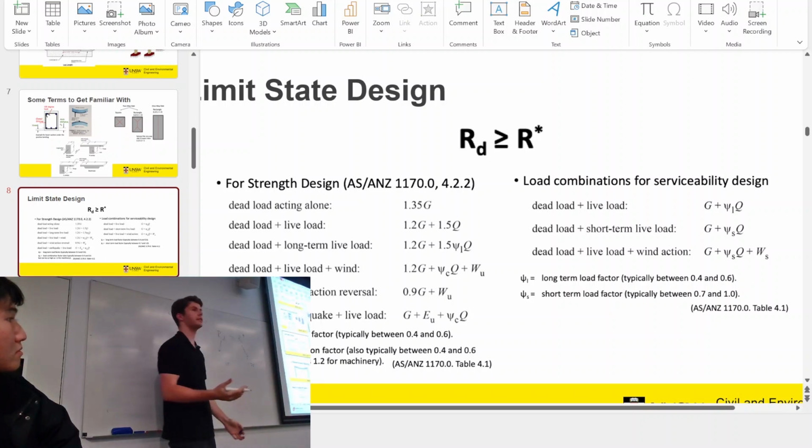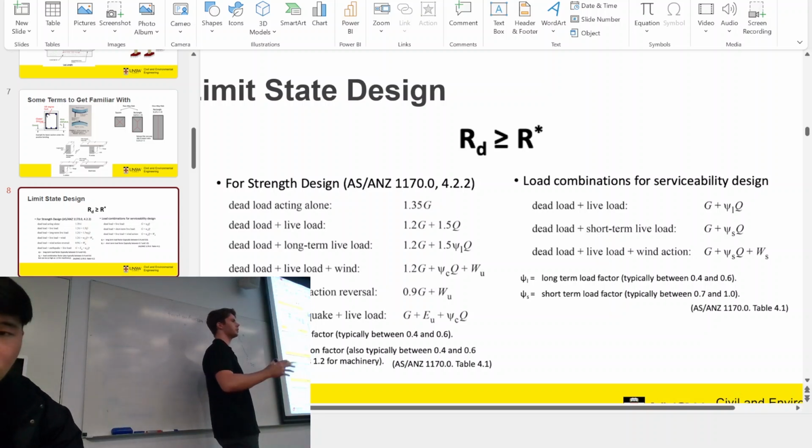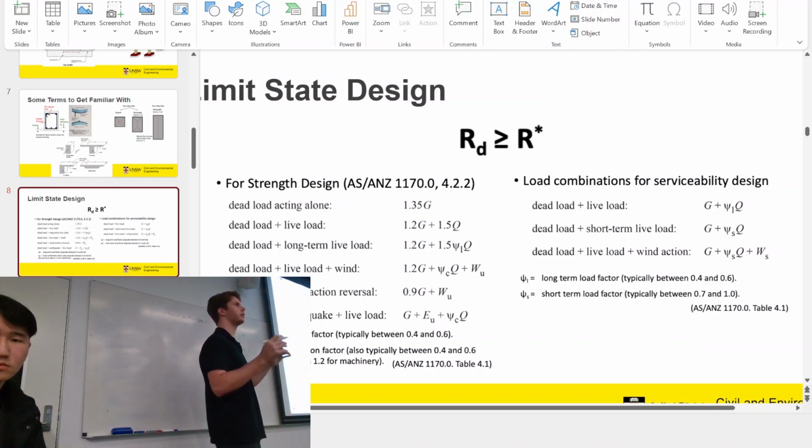And that's all limit state design means. Basically, you take whatever you want to design, say it's a hospital, and you've got all these loads on it, you make them seem a lot worse than they're actually going to be, right? And then the concrete design section that you submit as an engineer, you basically make it seem worse than it actually is.